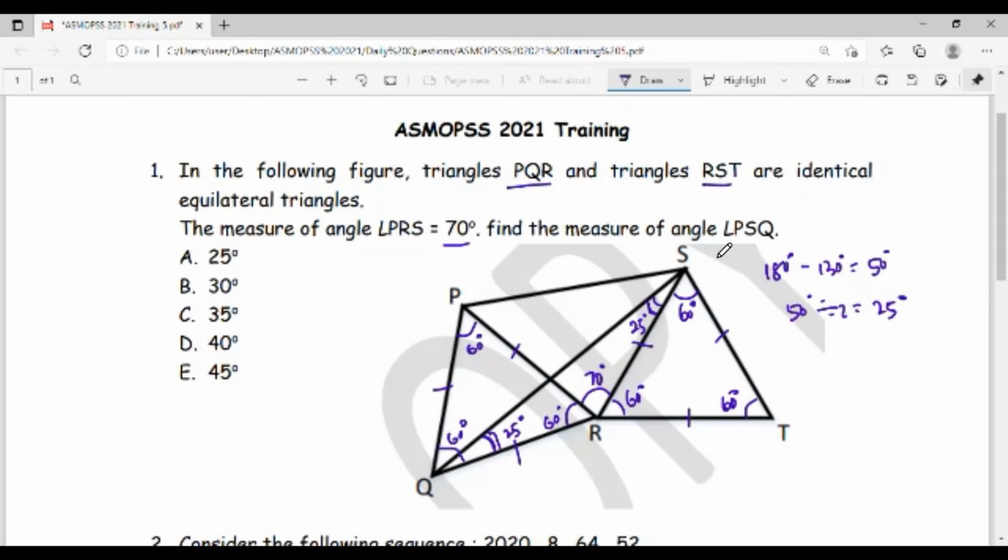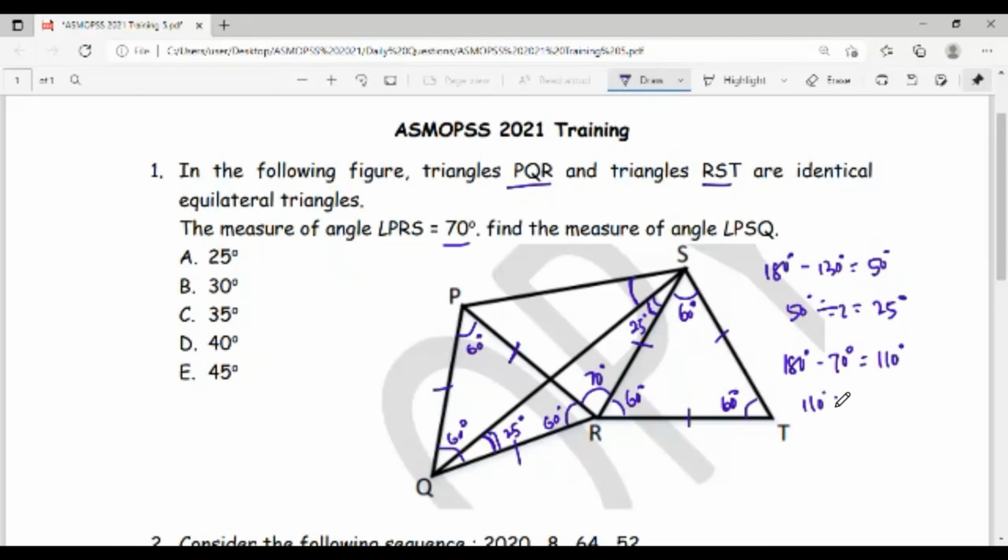Now the question asks us to get angle PSQ, which is here. Now again, we are given the isosceles triangle PRS, since PR is equal to RS. So we can do the same step. It's 180 degrees minus 70 degrees, and that is 110 degrees.